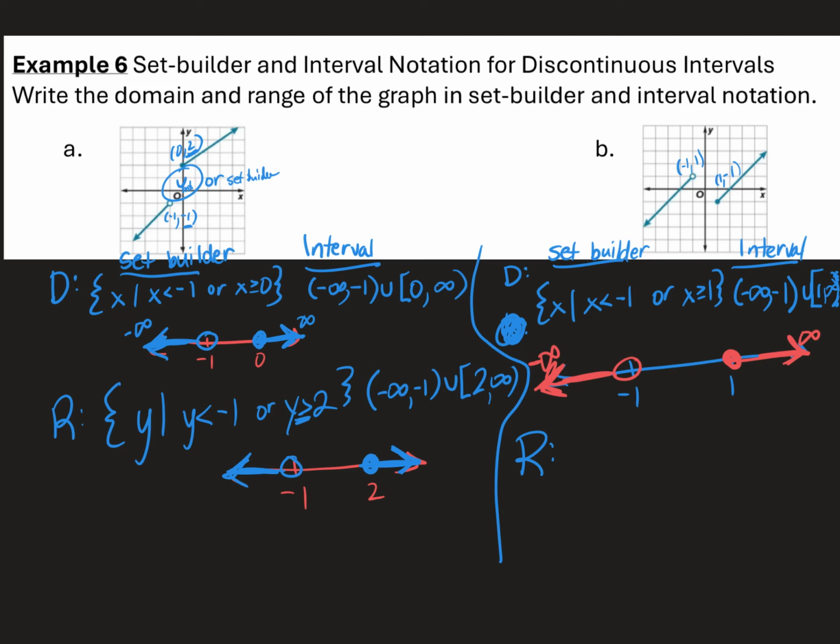So it is y such that y is less than 1, or y is greater than or equal to -1. That's set builder. Let's draw the graph.